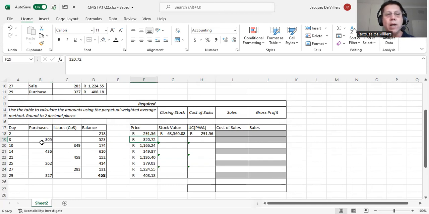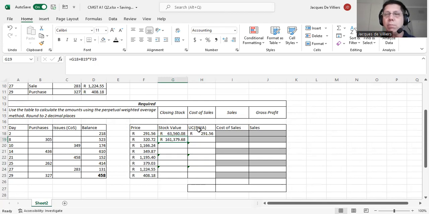We need to say, okay, take the 305, multiply it with 320, and then when you get the answer, add that to the stock value that you had before you made the purchase. And so that is what we do. We take the existing stock value, and to that we add 320.7 multiplied by the 305 units. And when we do that, we get a value of 161,379.68. Okay. So that is our stock value.